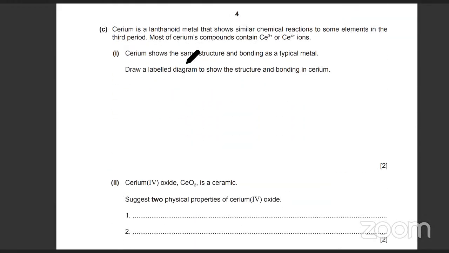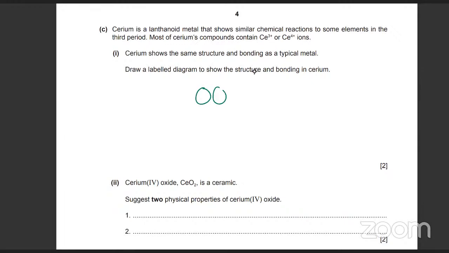Next one: cerium is a lanthanoid metal that shows similar chemical reactions with some elements in the third period. Most of cerium's compounds contain Ce3+ or Ce4+ ions. Cerium shows the same structure and bonding as a typical metal, so you have to draw the structure of a typical metal.